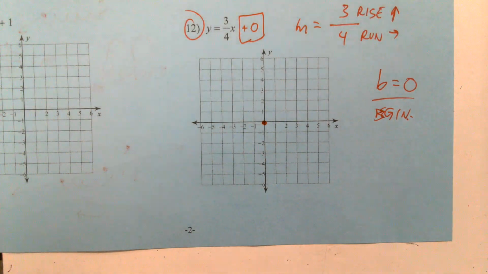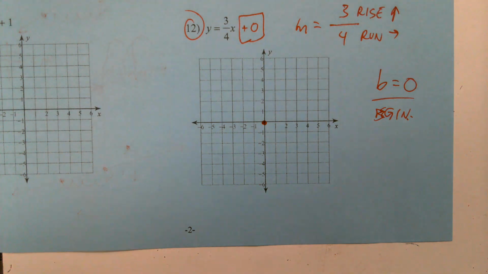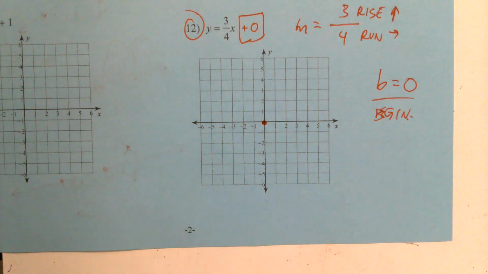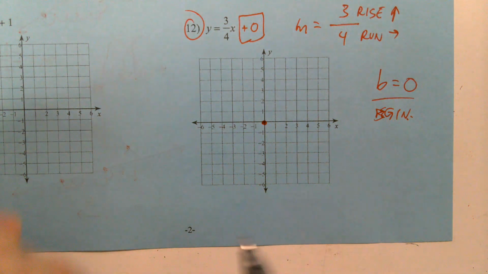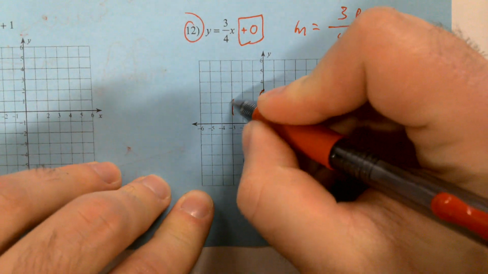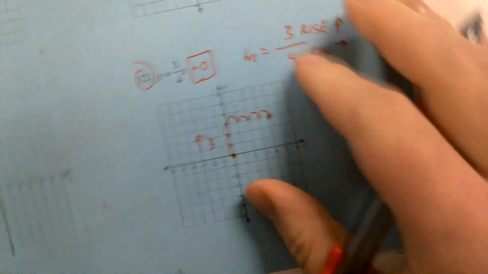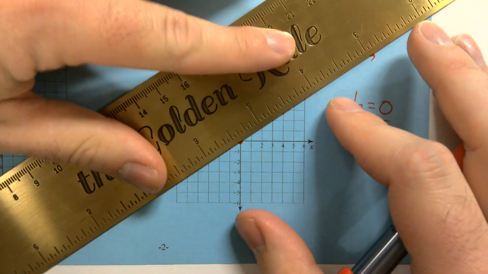You remember 0 starts with an O, origin starts with an O, and an O looks like a 0, right? So the 0 is our origin point. From that origin point, we're going to rise 1, 2, 3. We're going to run 1, 2, 3, 4, make our second dot, and draw our line.